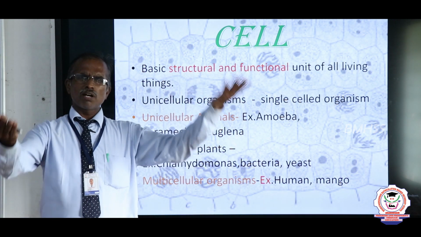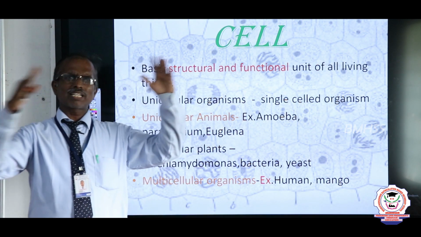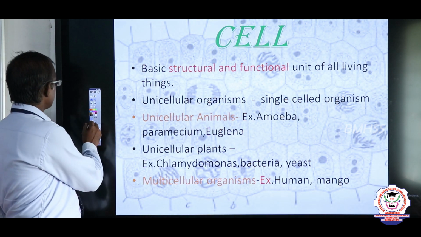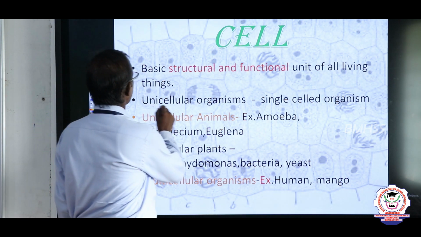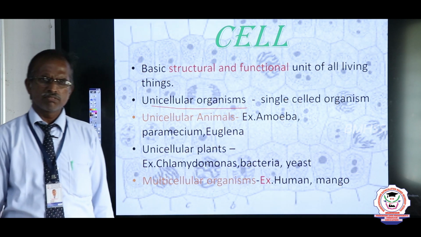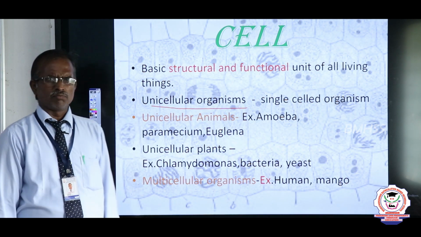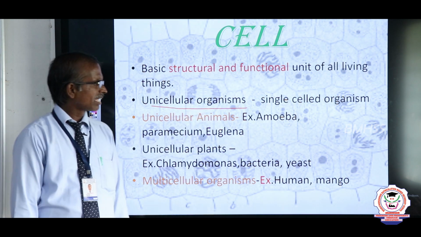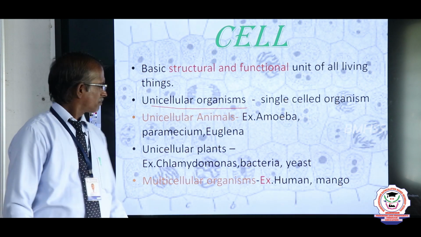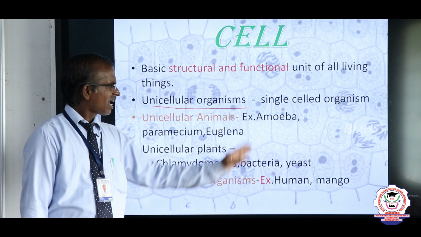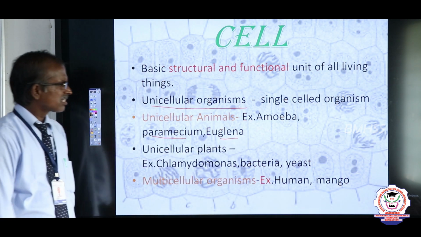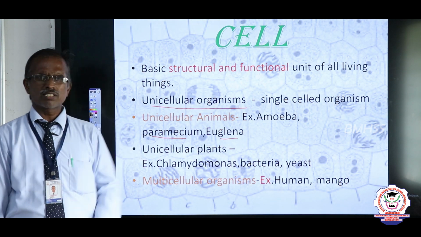Based upon the number of cells, organisms are categorized into two main divisions. One, unicellular organisms. Living organisms made up of a single cell are called unicellular organisms, like the unicellular animals amoeba, paramecium, and euglena.